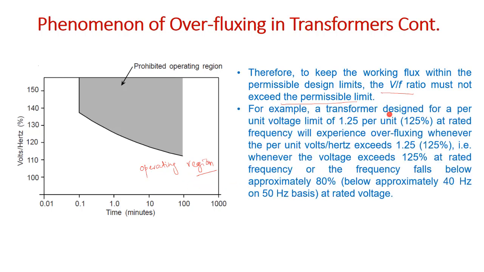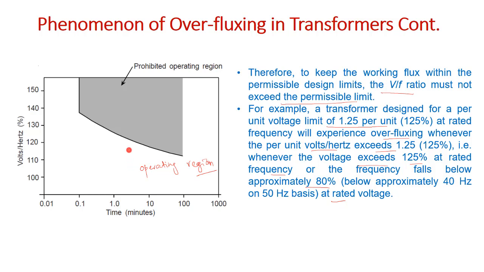For example, a transformer designed for a per unit voltage limit of 1.25 per unit at rated frequency will experience overfluxing whenever the per unit volt per hertz V by F exceeds 1.25, that is, whenever the voltage exceeds 125% at rated frequency, or the frequency falls below approximately 80%, below approximately 40 hertz on a 50 hertz basis, at the rated voltage. Okay.